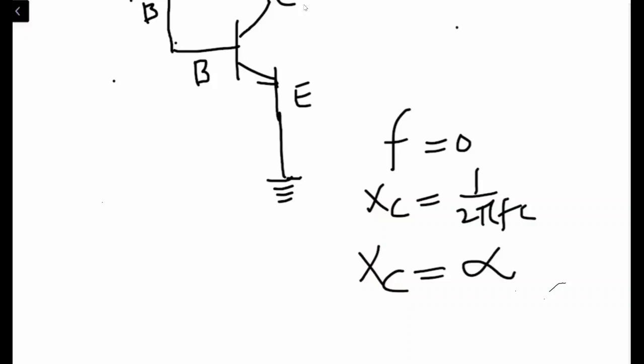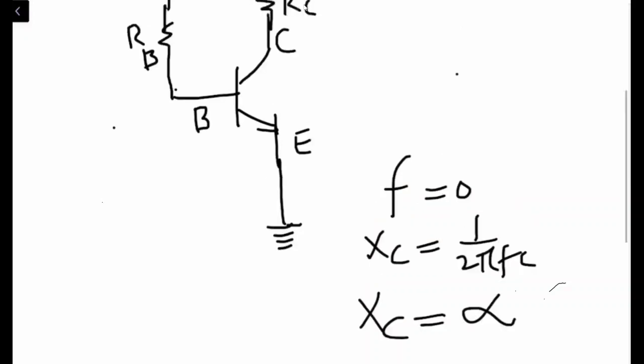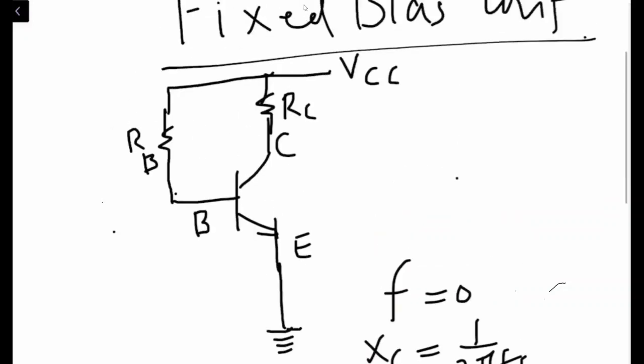So for DC, the capacitors will behave as a very, very high resistance, right? And a very high resistance, this means if it is infinity, it will behave as an open circuit, right? So an open circuit, this means we can simply take it out from the circuit over here, as you can see, right?